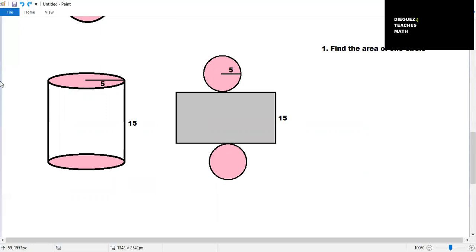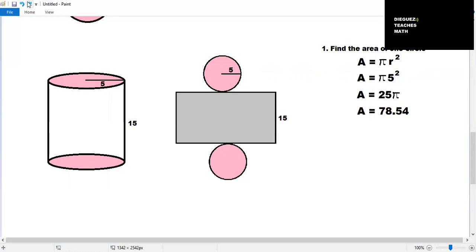The answer is going to be the same. So pi r squared, and the radius is 5. 5 squared is 5 times 5, so that's 25. 25 times pi equals 78.54. There's a key for pi on the calculator, or you can also just do 25 times 3.14.